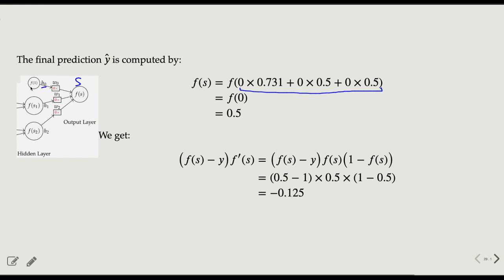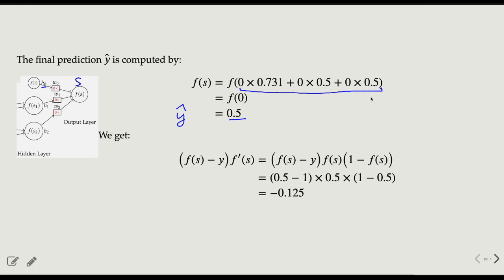So 0 times H0 plus 0 times H1 plus 0 times H2. And then we take the sigmoid. Again, this turns out to be 0.5. So this is our predictive value from the output.